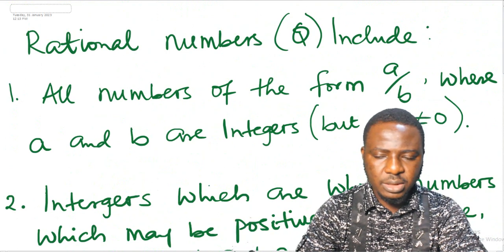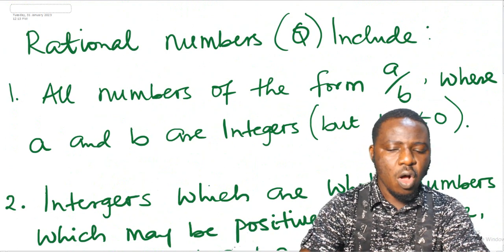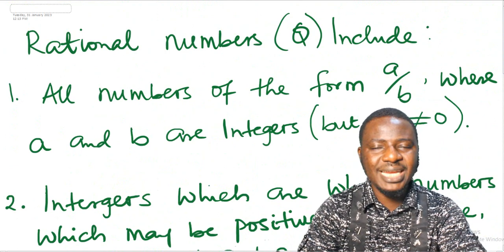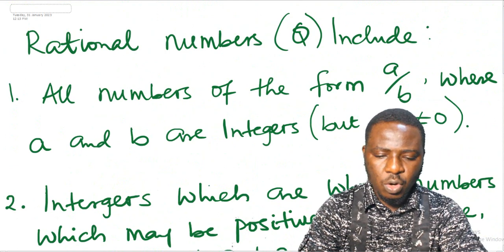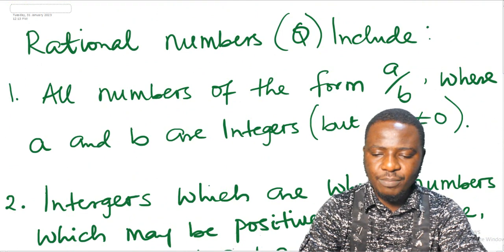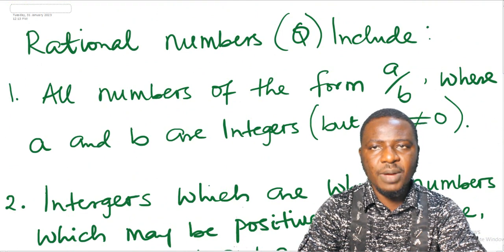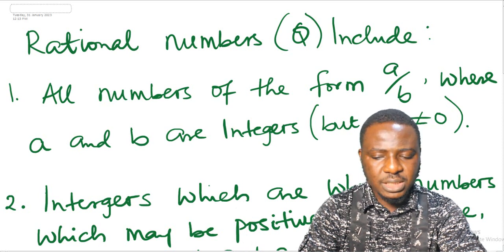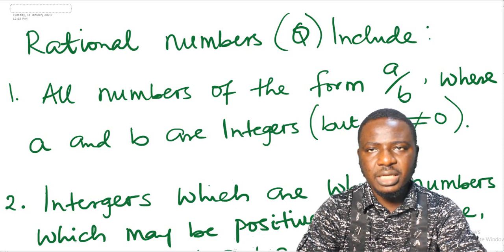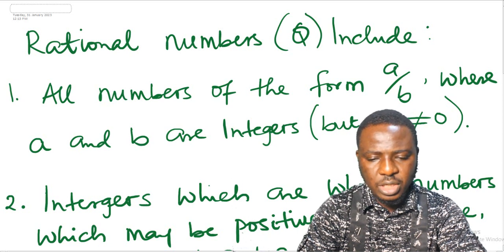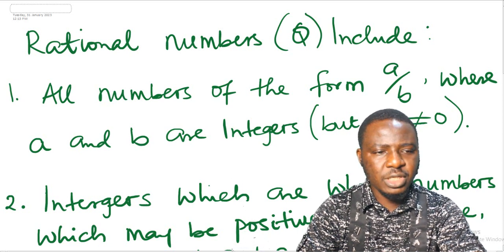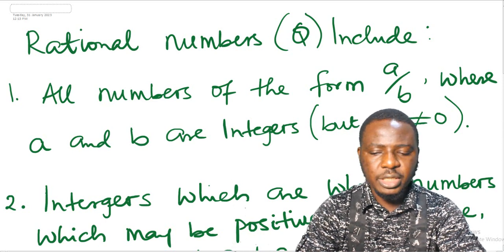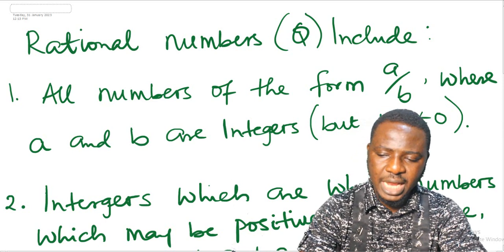Examples of rational numbers include all numbers of the form a over b, where a and b are integers, so long as b is not equal to 0. If b is equal to 0, then such a number is said to be undefined, or when you use your calculator, it gives you a math or syntax error.